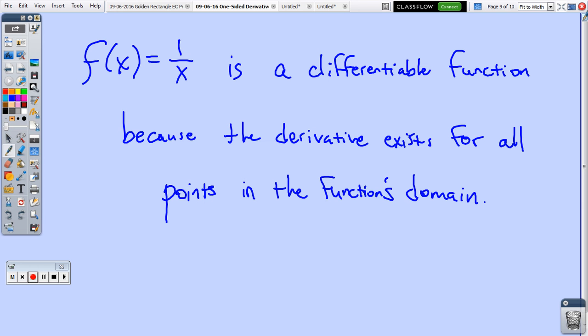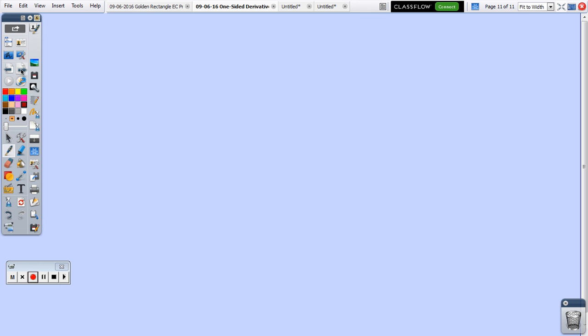And if you remember what this graph looks like, the homework is also on the board there for those that were absent yesterday. This guy would look like this.